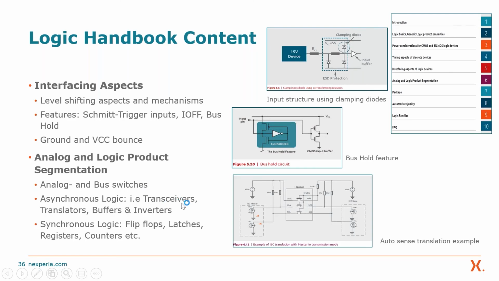Then we cover asynchronous logic like transceivers, translators, buffers, and inverters, and also the synchronous logic. And we explain partly also how to use certain devices in an application environment. Here in the picture, we see the example for the AutoSense translation.